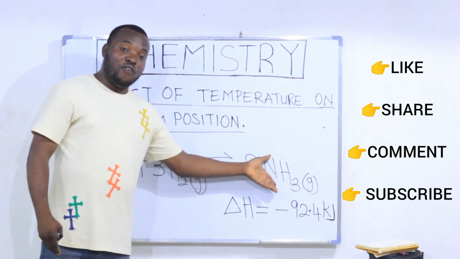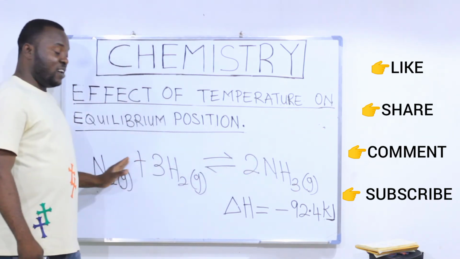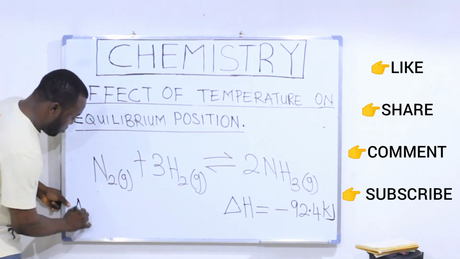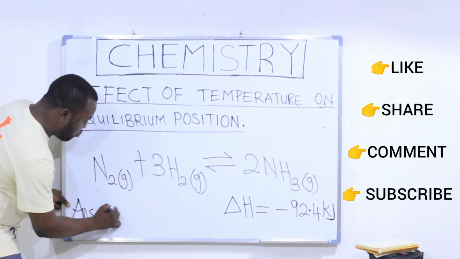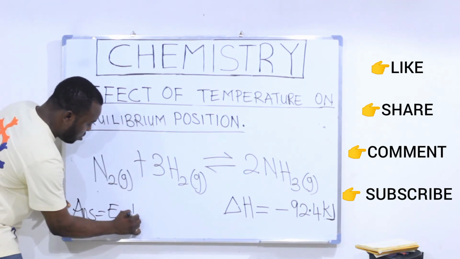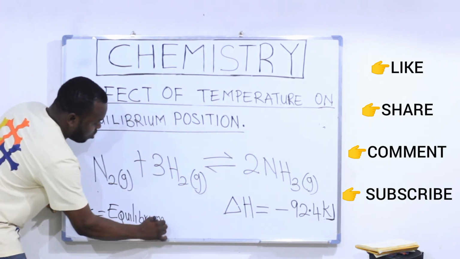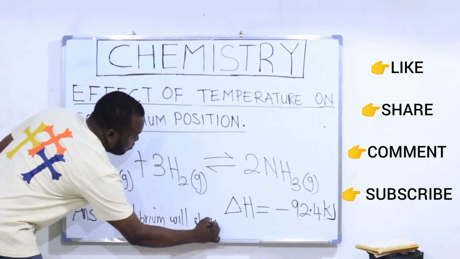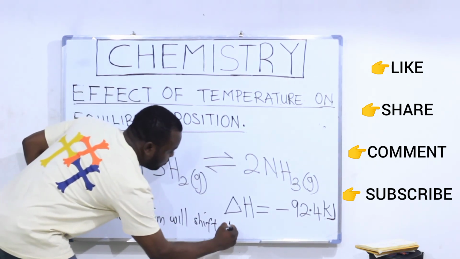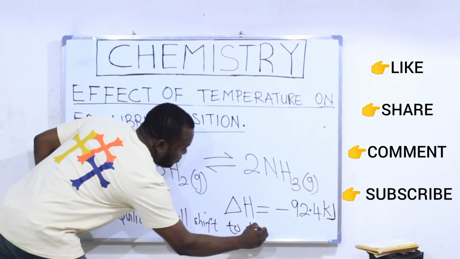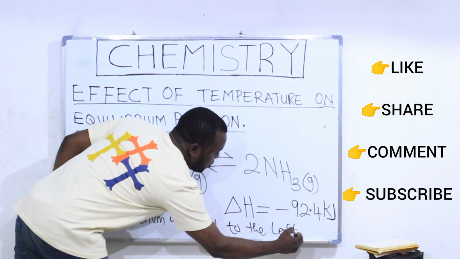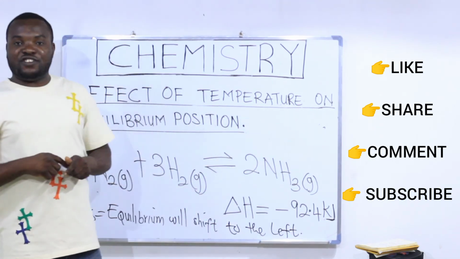So since it will not favor the product, it simply means that the reactant will be favored. So our answer will become: equilibrium will shift to the left. Either you say to the left or you say to the backward direction.